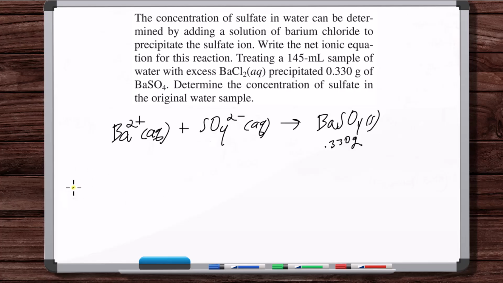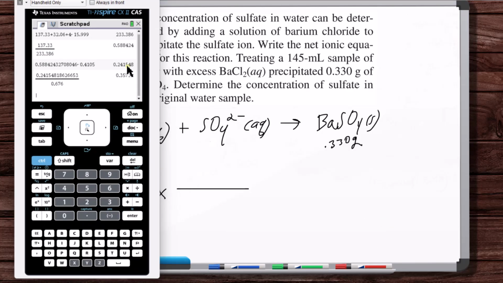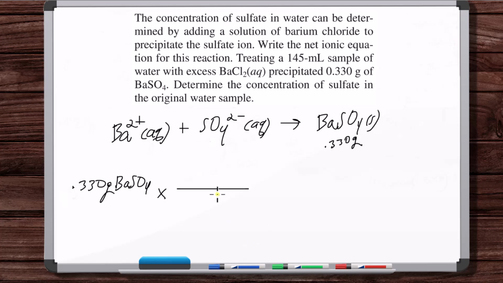So, grams of barium sulfate. We need to convert this to moles. We need the molar mass of barium sulfate, and that was here, 233.386. So you have 233.386 grams of barium sulfate for every mole of barium sulfate.